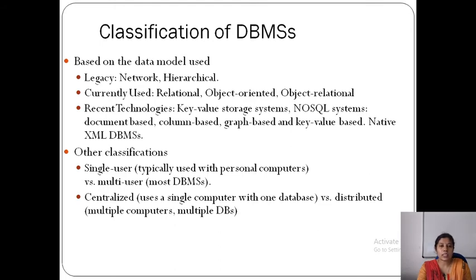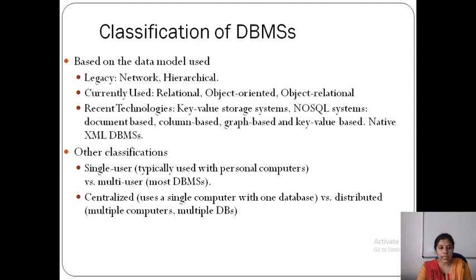These are used for big data analytics. Other classifications include single user or multi-user, depending on the number of users. Single user means you have a standalone application installed on your personal computer, and multi-user means several users are using the same DBMS.